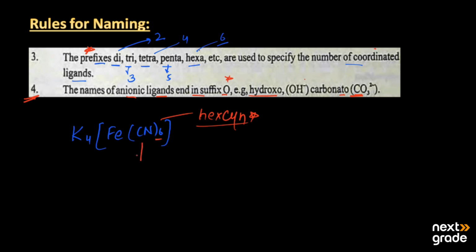Likewise, here we have cyanide. This is also an anionic ligand, so we end that group with cyano. So the suffix O is added to the name of the ligand in the coordination sphere.